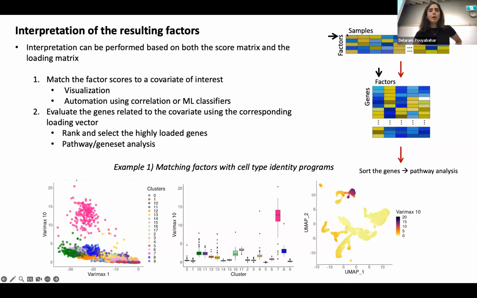Yeah. So my problem with these, and it's not a problem, the only reason that I wouldn't use a variational autoencoder as my first choice is that this loading matrix is not given. It only gives me sample and factor. So I need to do more work to approximate this gene and factor matrix in different ways.